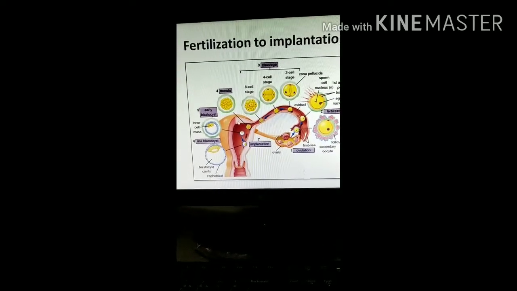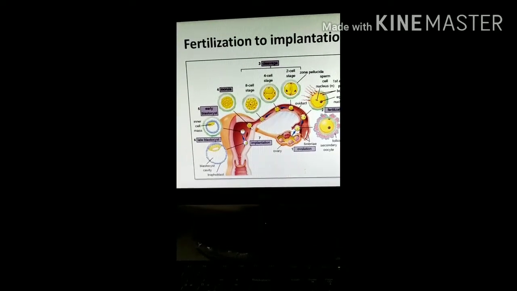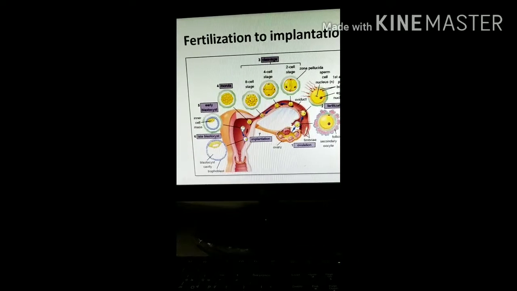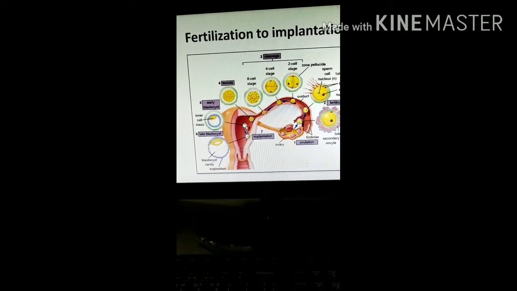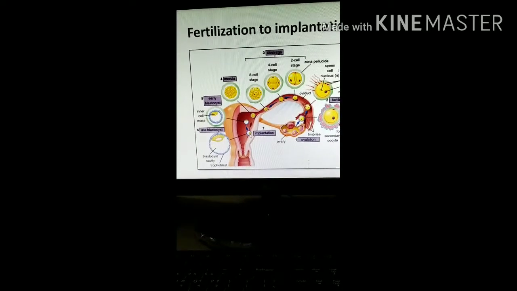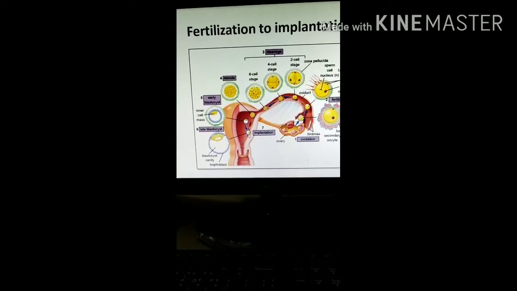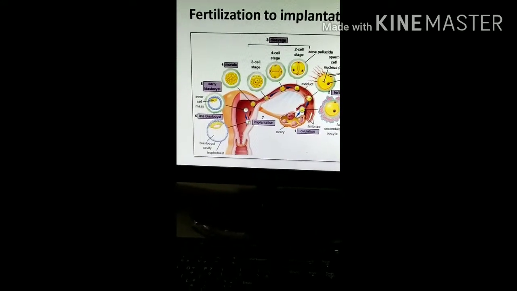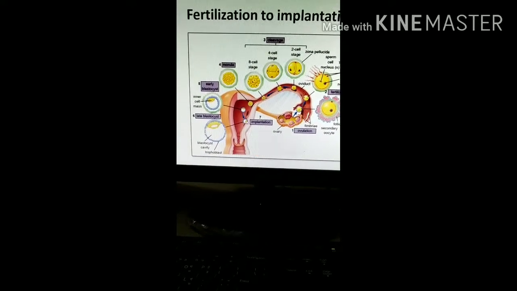When the morula forms, it enters the uterine cavity, and after that the morula is differentiated into the blastocyst. This blastocyst begins the implantation in the endometrium layer of the wall of the uterus.